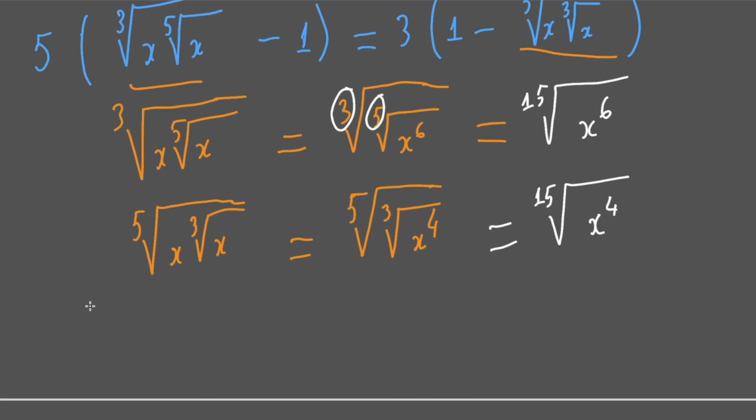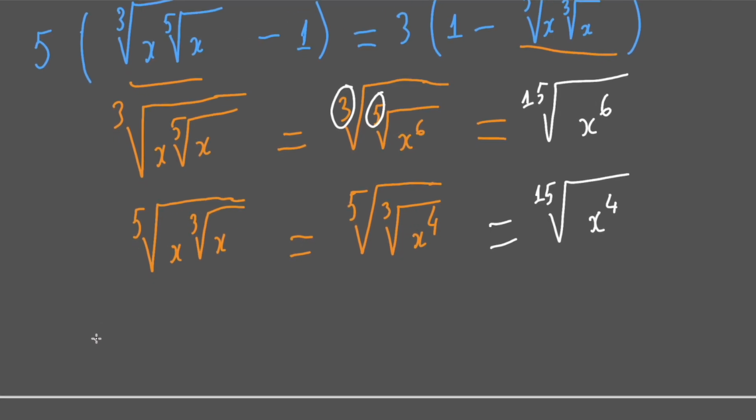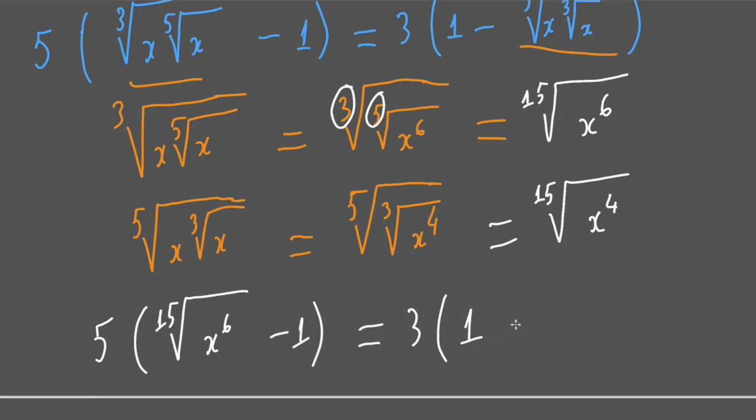Then the equation will become 5 multiplied by the 15th root of x to the power of 6, minus 1, equal to 3 multiplied by 1 minus the 15th root of x to the power of 4.